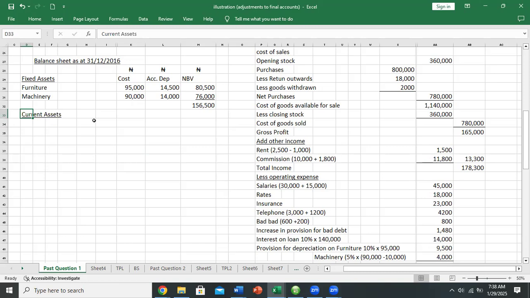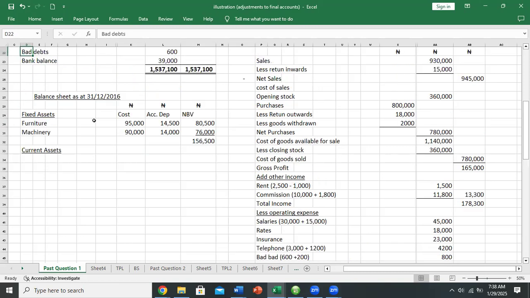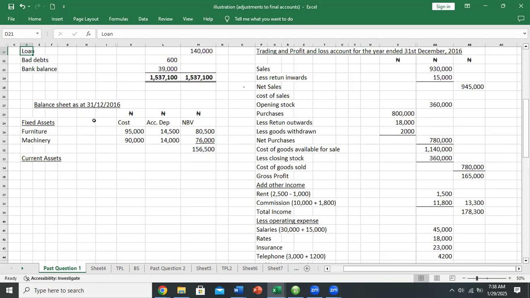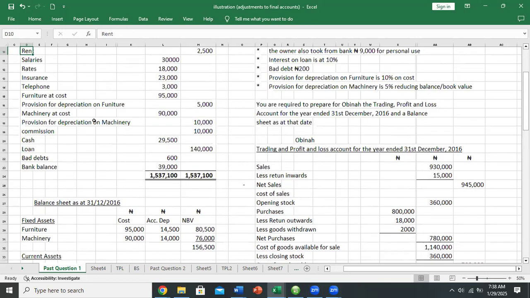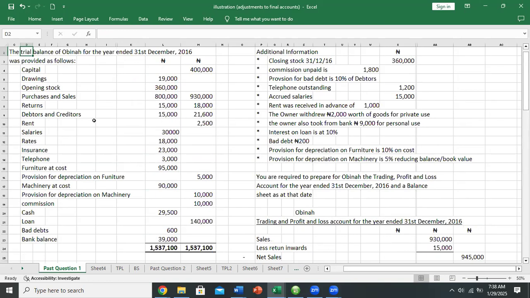Current assets. Based on what we discussed on balance sheet, your current assets begin first and foremost with your stock, followed by debtors, prepaid expenses, accrued income, your bank, and cash. So we pick our stock, which we have here 360,000.